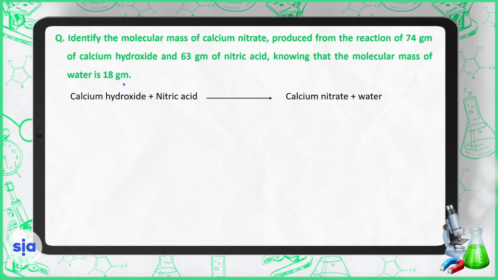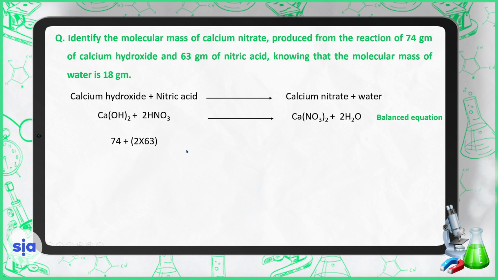First of all, the written equation: calcium hydroxide plus nitric acid will give calcium nitrate plus water. The symbolic equation: calcium hydroxide plus 2 molecules of nitric acid will give calcium nitrate plus 2 molecules of water. And this is a balanced equation, by the way.